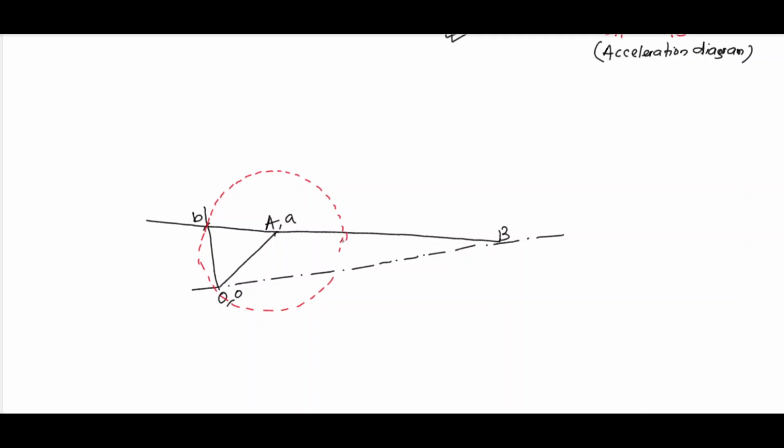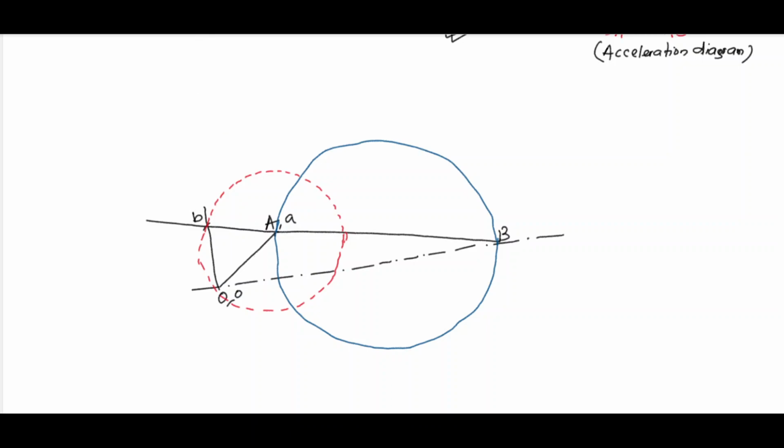Let us erase it. And the next step is to draw a circle with capital AB as the diameter. So with capital AB as the diameter, draw another circle. Let us complete that. Okay, this is our circle.